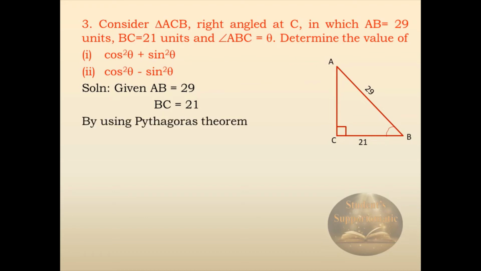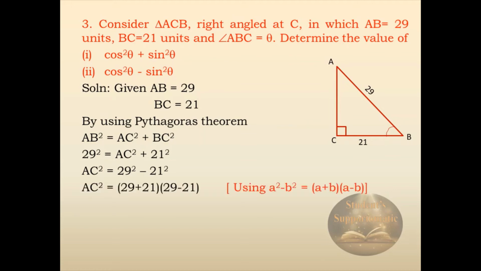First, by using the Pythagoras theorem, that is AB square is equal to AC square plus BC square. AB is 29, so 29 square is equal to AC square, which we need to calculate, plus BC square, which is 21 square. So AC square is equal to 29 square minus 21 square. For simplification, we will use the formula a square minus b square equals a plus b into a minus b.